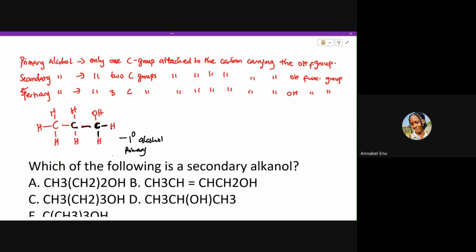Because it has only one carbon group attached to the carbon. This is the carbon we are considering. Then this is the carbon group attached to it. Do you understand? Please, if you understand, let me see your response.